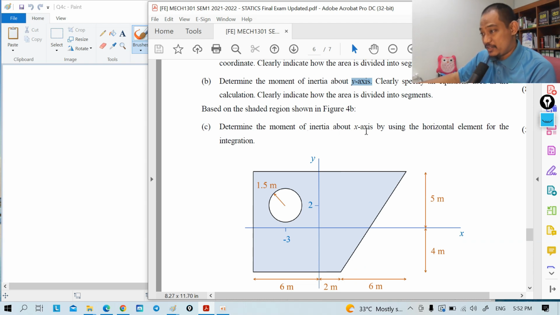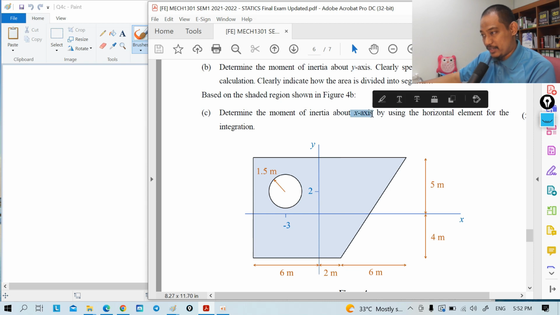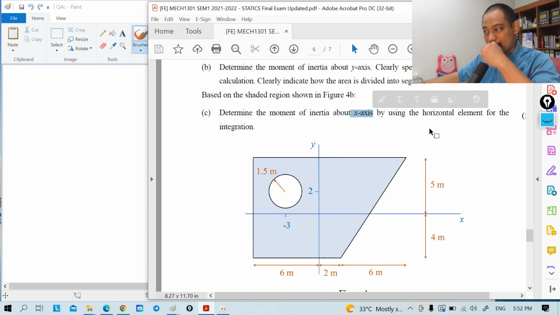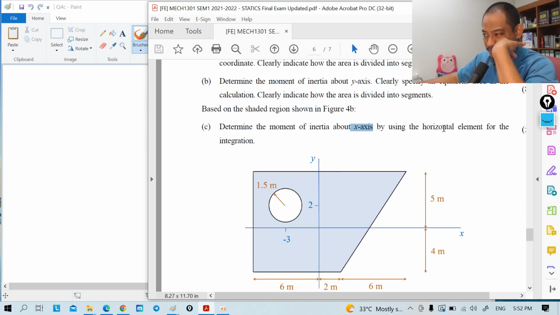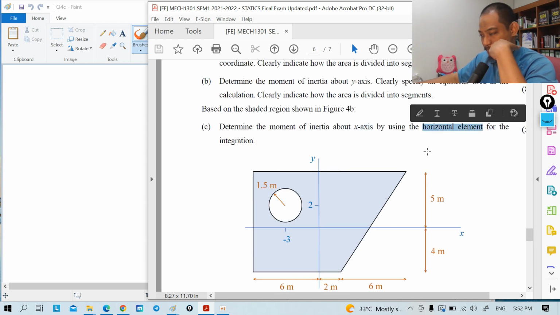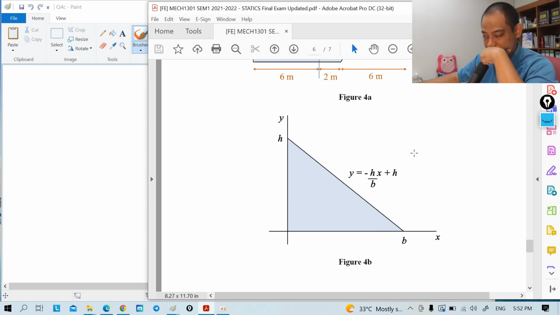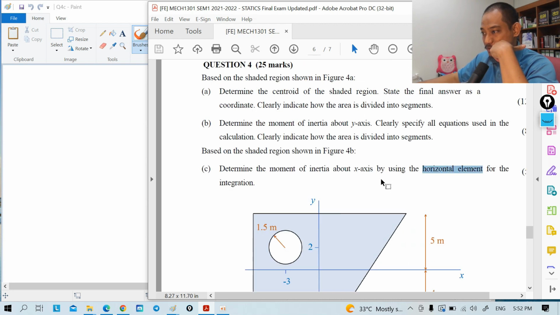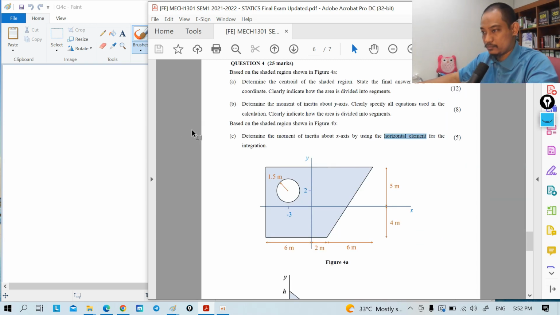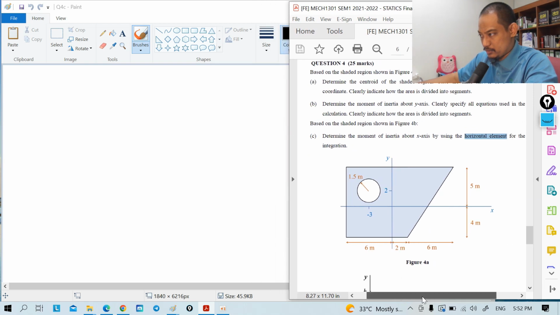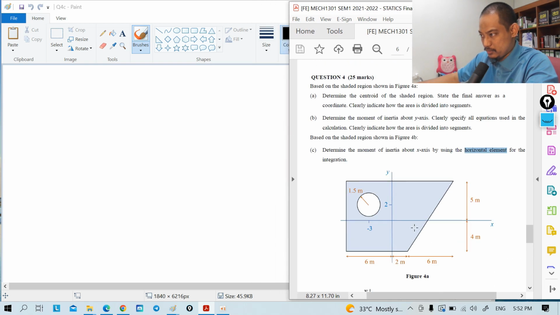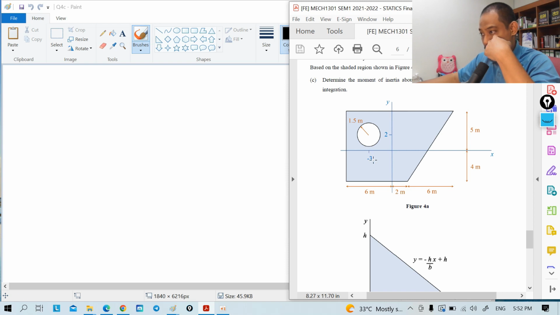Determine the moment of inertia about x-axis using the horizontal element. So we have to integrate, of course, and the question already specifies using the horizontal element for the integration, right?